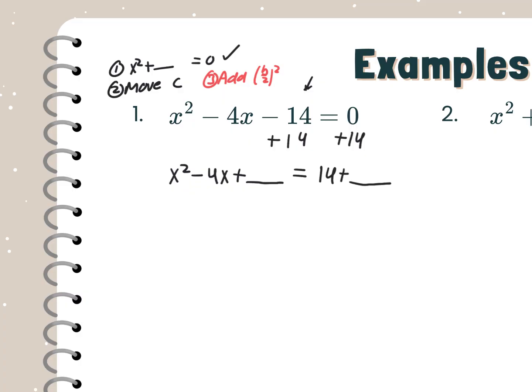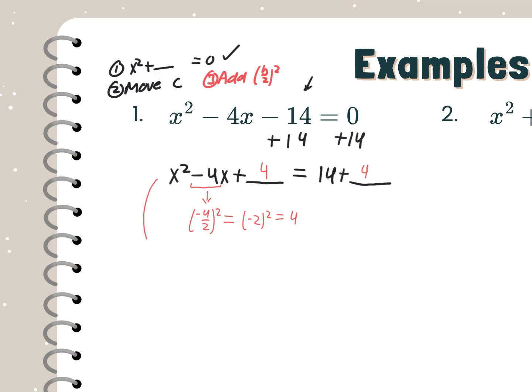In this case, b is the number in front of your x. So b over 2 squared is negative 4 over 2 squared, which is negative 2 squared, so positive 4. So I'm going to add 4 in that little blank space.